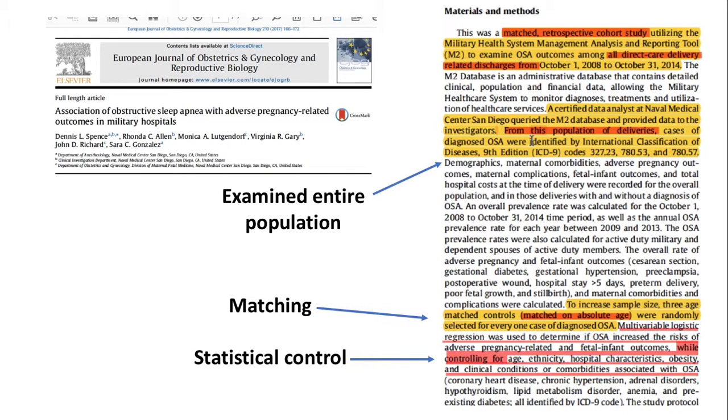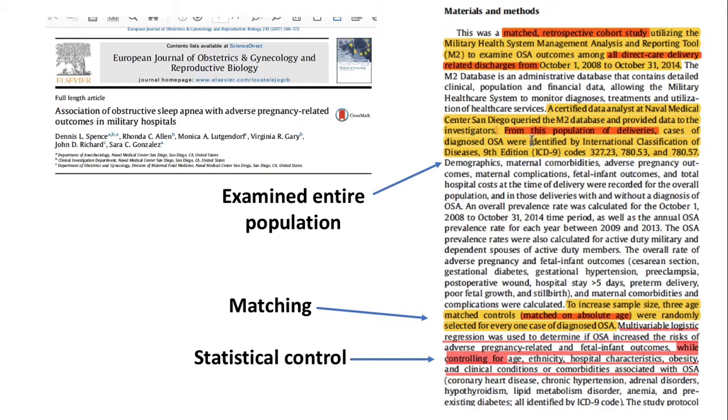In this study, we also used some statistical controls in our analysis so that we can control for extraneous or confounding variables such as age, ethnicity, hospital characteristics where the women delivered, if they had a history of obesity, and any other clinical conditions or comorbidities that were associated with OSA that you can see listed there.